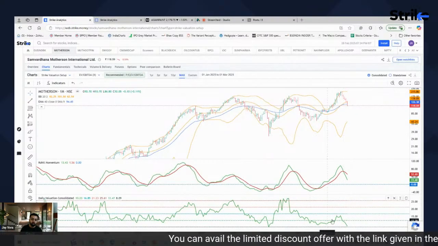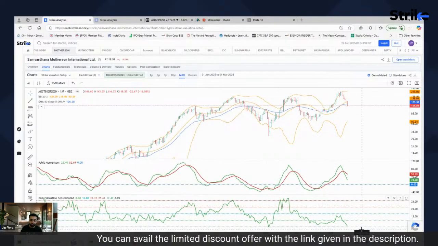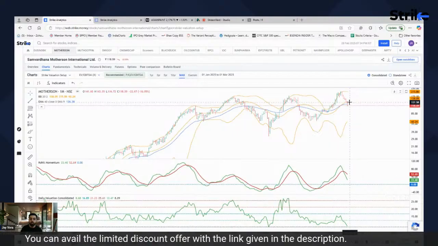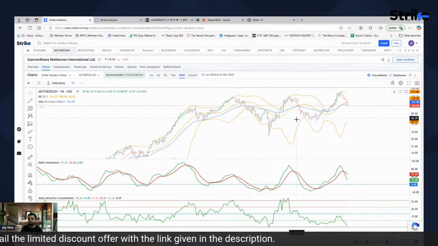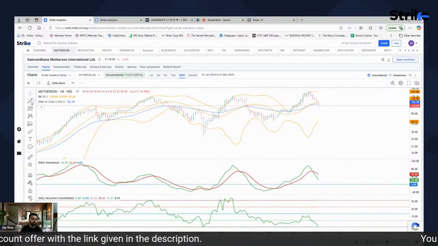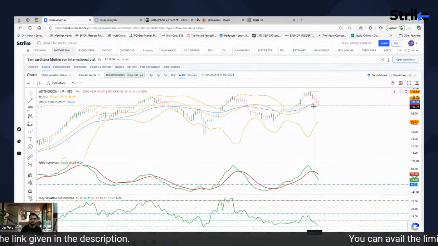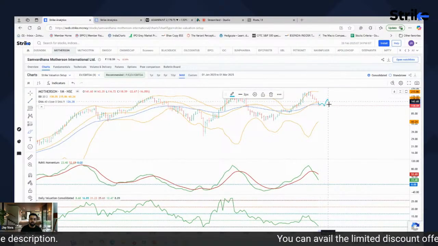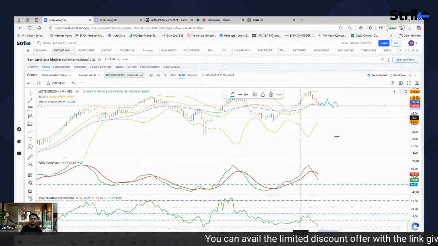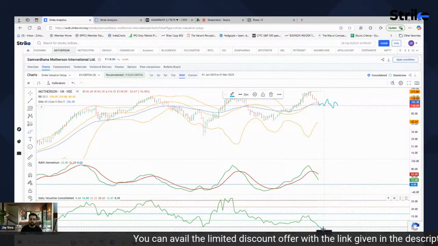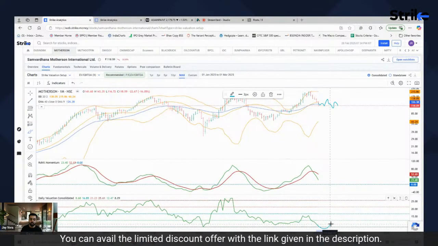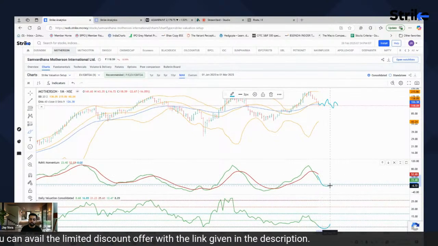So what we are seeing right now is an undervaluation in the stock, but the technicals are still not favoring it. So it can so happen that if the company ends up growing, then maybe you will see some consolidation over here. In this case, it will eventually start improving.